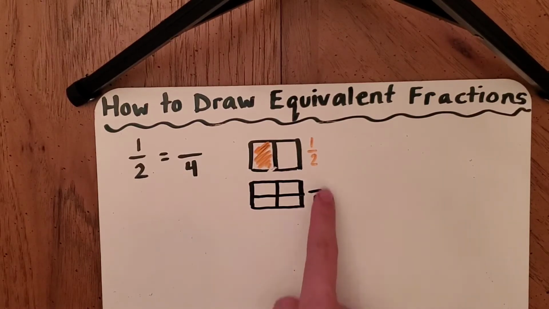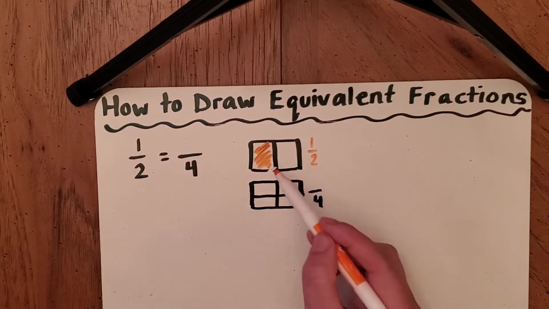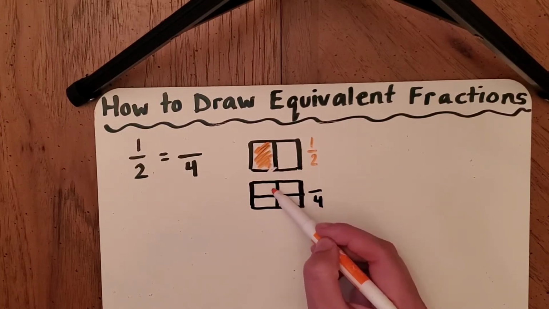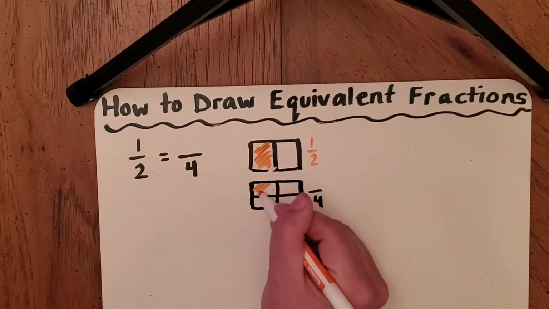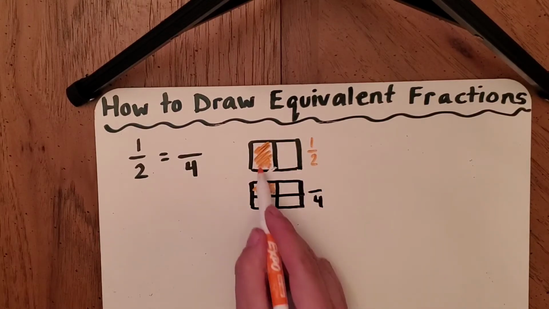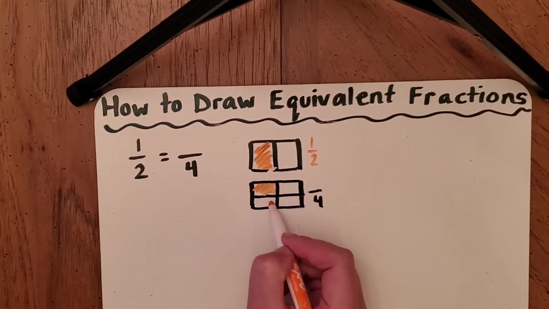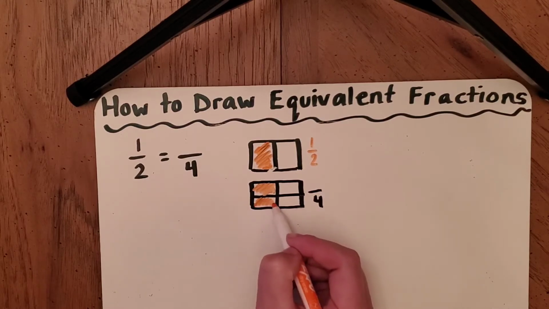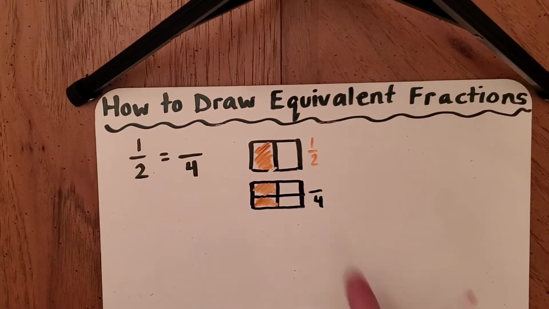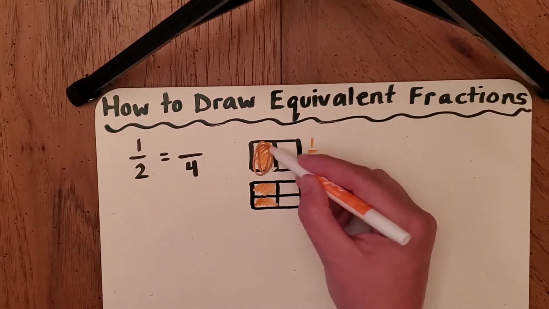So how many fourths are equivalent to 1/2? Well, my last step is to look at how this one is shaded and shade in an equivalent amount on this figure. Now I could shade them in anywhere, but I really want it to look like this one's twin. So I'm going to shade in these 2 parts because this piece is shaded in.